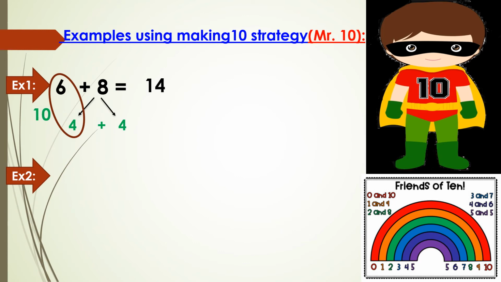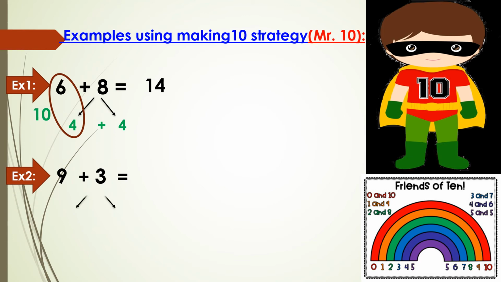The next example, 9 plus 3. First, 9 is weak or strong? 9 is weak. It needs what to be Mr. 10? It needs what to be superhero? Yeah, 9 needs 1 to be Mr. 10. Okay, so 9 will go to 3 and ask her, 3, can you please help me to be superhero? 3 will say, okay.